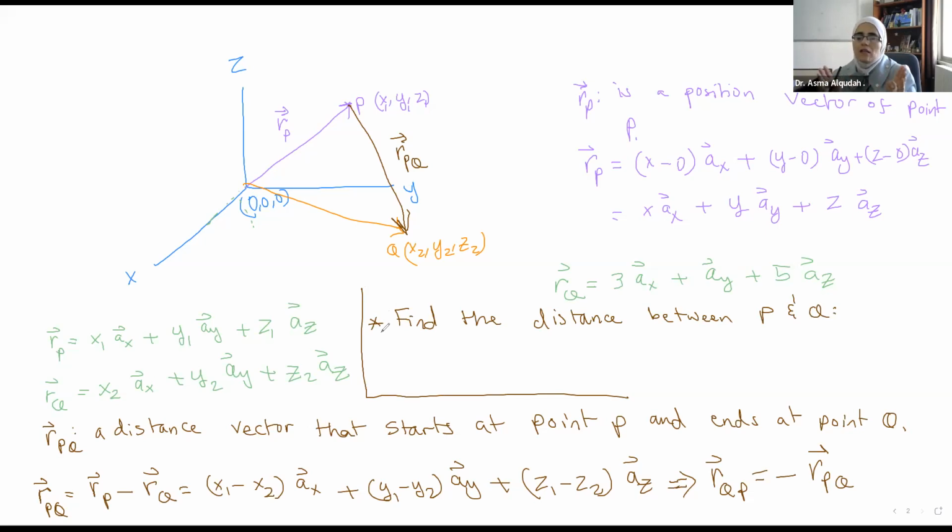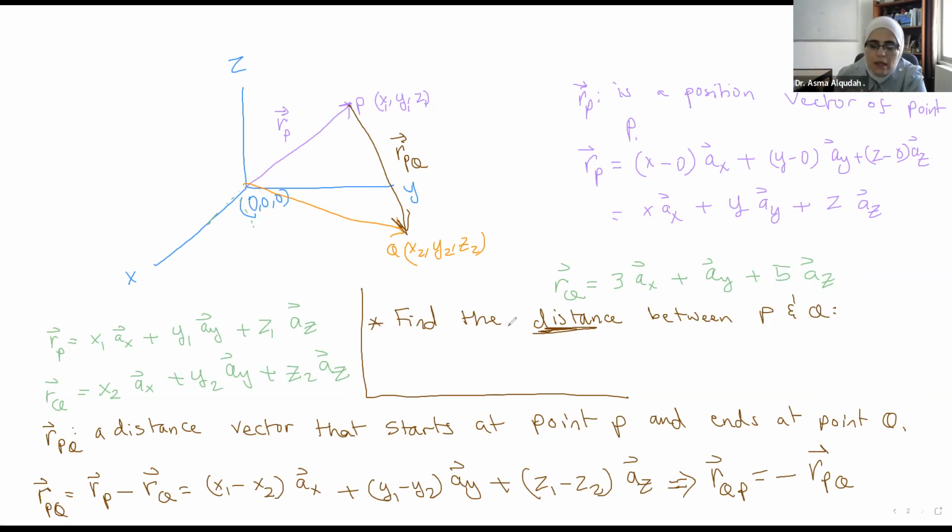I'm asking you about the magnitude of the distance vector, okay? So for the distance, you just take the magnitude of R sub PQ or the magnitude of R sub QP, because I'm asking about the magnitude of that vector only. If I ask about the distance only, then that means I'm asking about a scalar quantity. It's not a vector anymore. But if I ask you to find the distance vector from point P to point Q, then that means I'm talking about a vector. So you have to be careful with the direction.